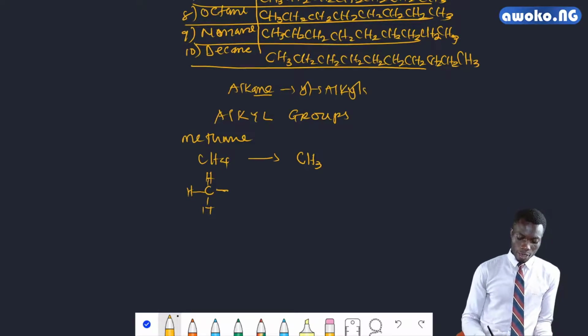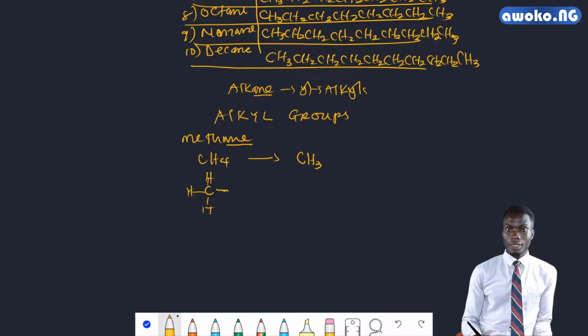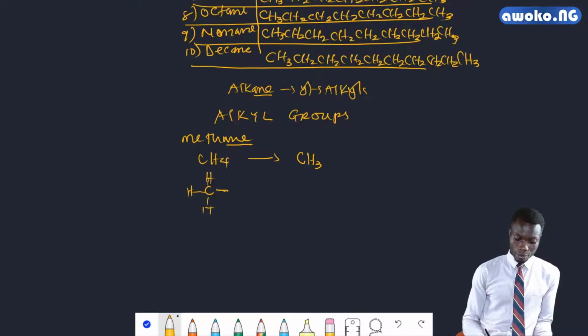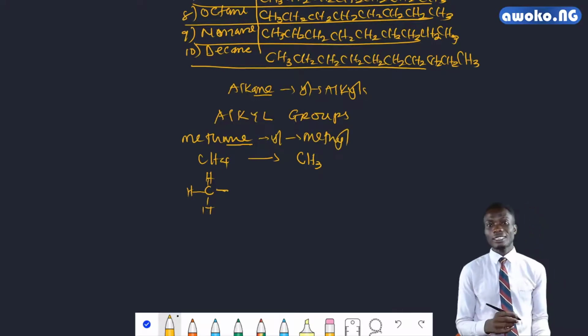Therefore, in naming alkyls, you remove the corresponding ANE from that alkane, and you add YL to get a corresponding alkyl group. For example, when we remove ANE from methane, it has lost one hydrogen, and we add YL, it gives rise to what? Of course, methyl. So it's that simple.